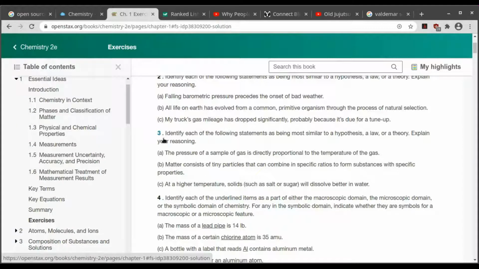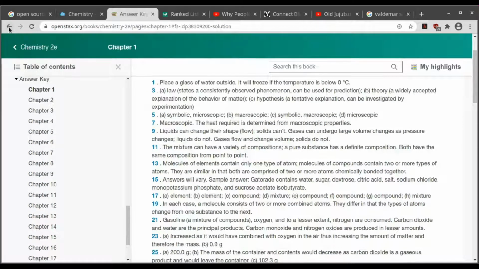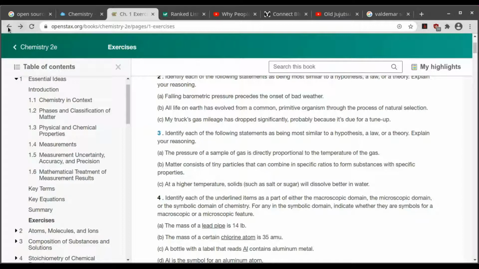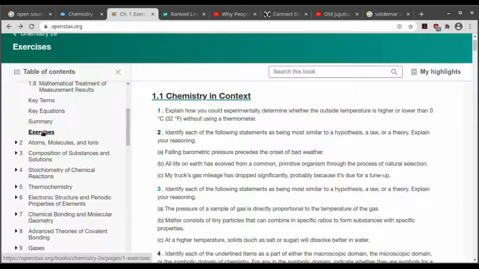So let's go back to our exercises. All right. For the sake of time, I'm going to just go over the ones that we can check. All right, we're going to talk about macroscopic, microscopic, and symbolic.